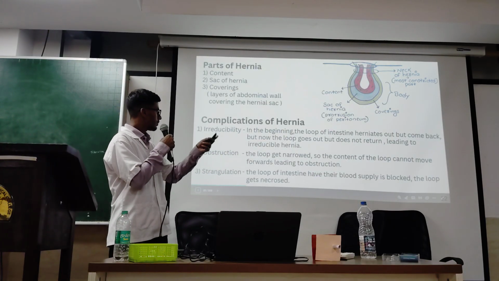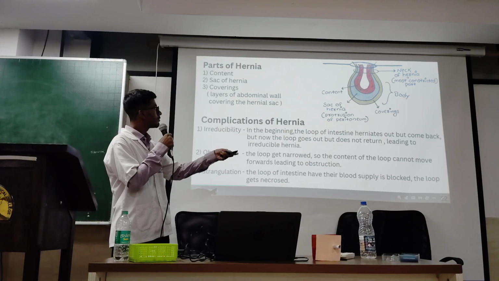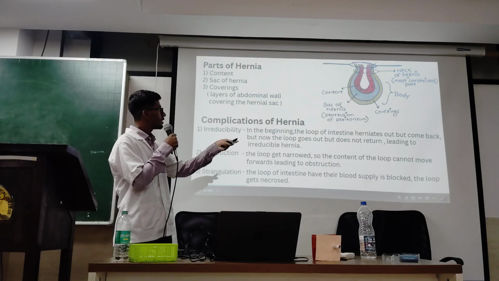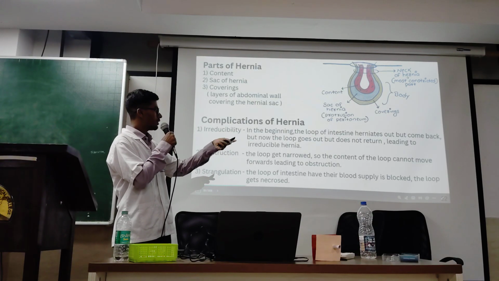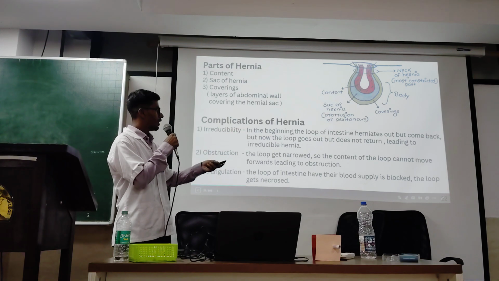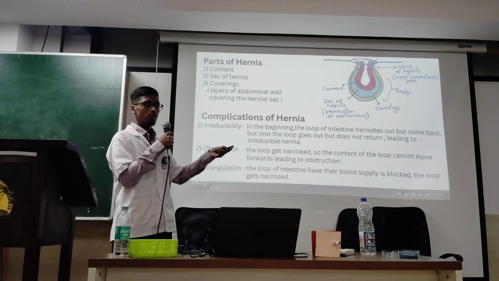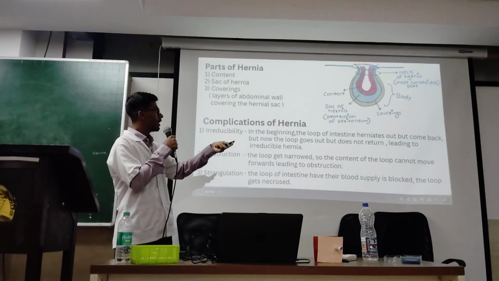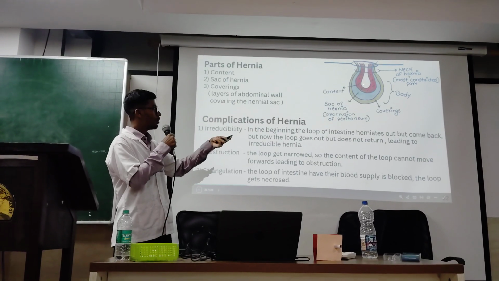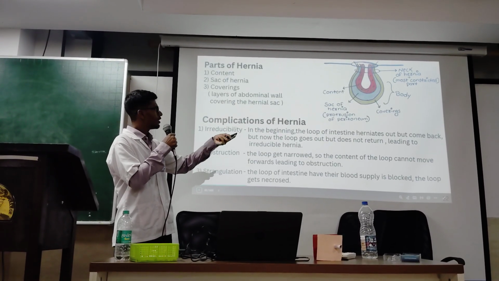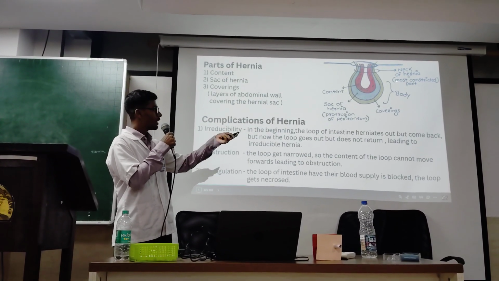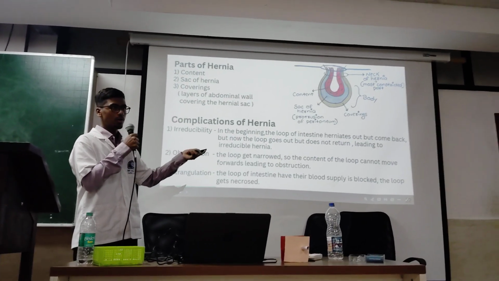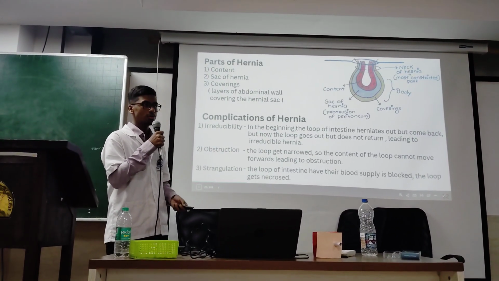The loop of intestine has its own blood supply, which gets cut or blocked due to the narrowing of the neck of the hernia, and it undergoes necrosis, which leads to strangulation of the hernia.